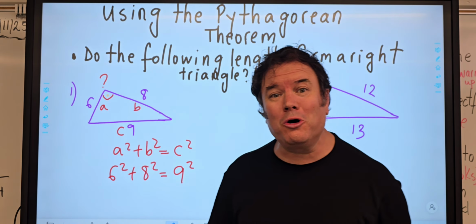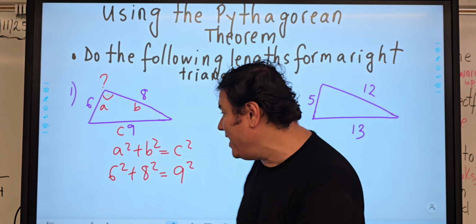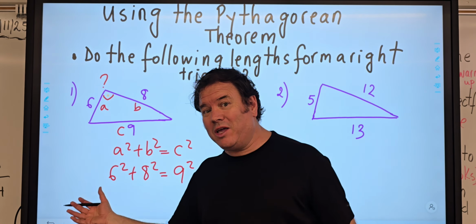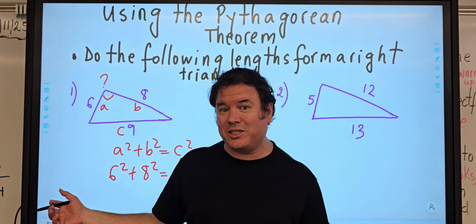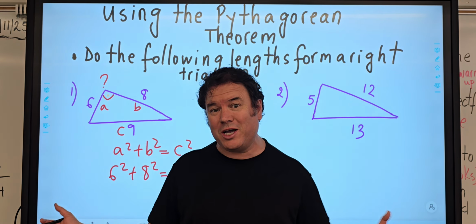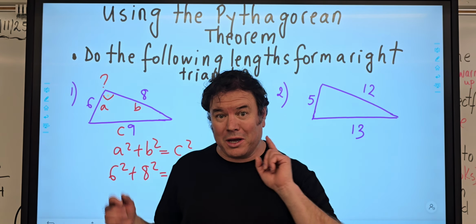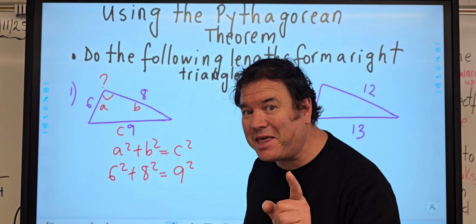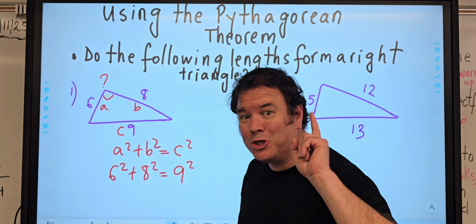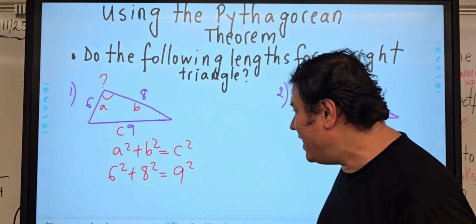Now we are looking to find out if the right side of the equation equals the left side. If it does, we are looking for a true statement. Remember that? That's a magical word. True statement.